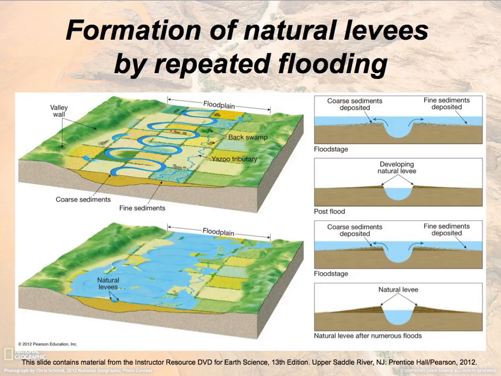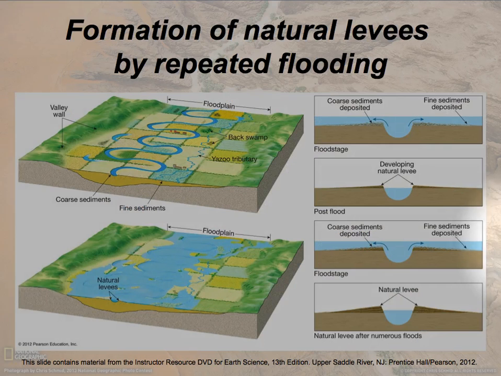This graphic shows how natural levees form in a floodplain, a low stream flow environment, or high discharge but low velocity environment. Typically, you'll find floodplains where slopes are very, very low, so you'll find what are called meandering streams.